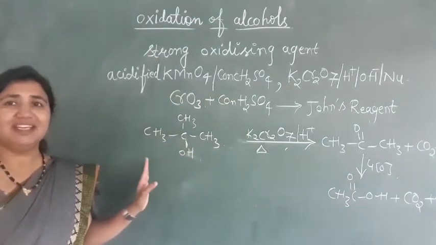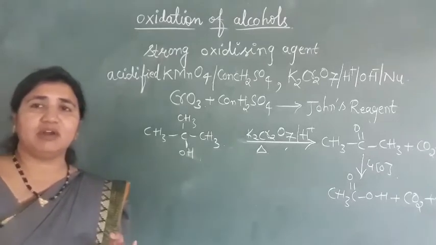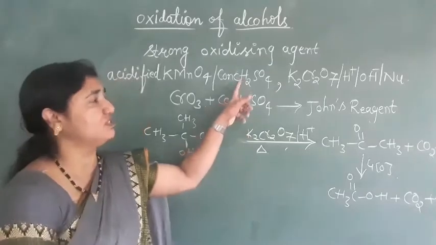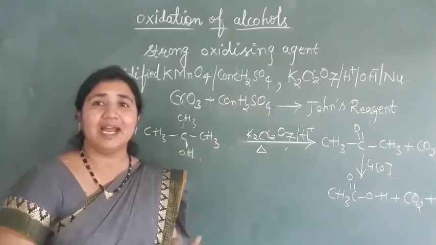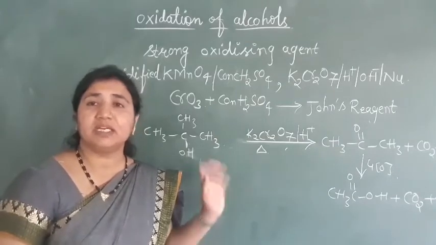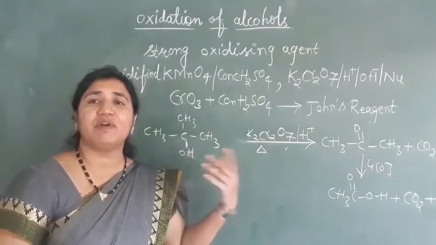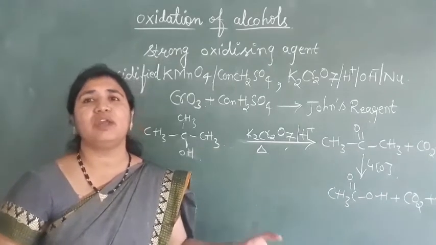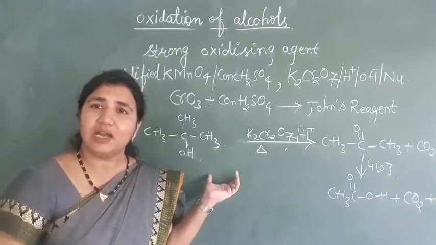So the main ones are primary and secondary. Primary alcohols give carboxylic acid in the presence of a strong oxidizing agent, and secondary alcohols give ketones. For tertiary alcohols we have to provide strong conditions, or we can say in normal conditions no effect for tertiary alcohols.